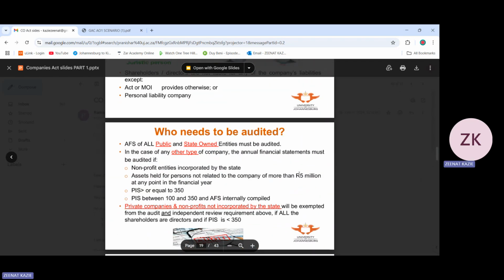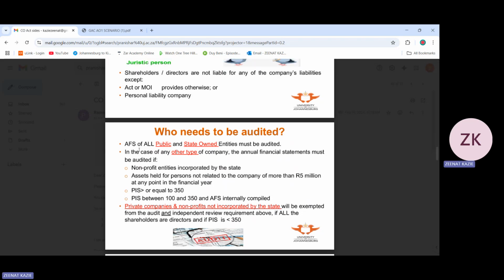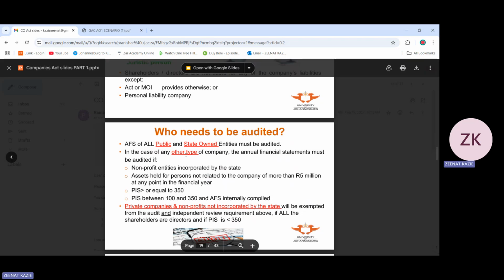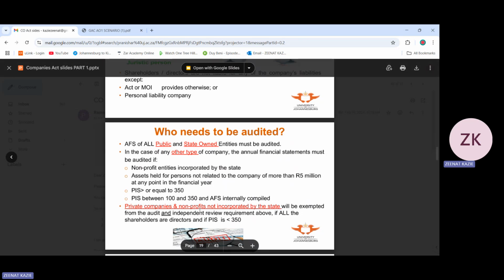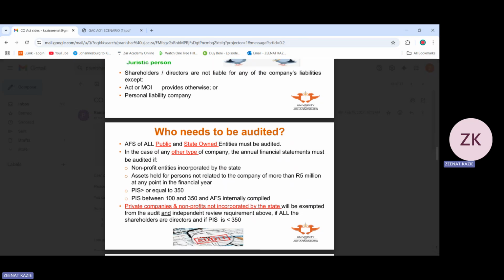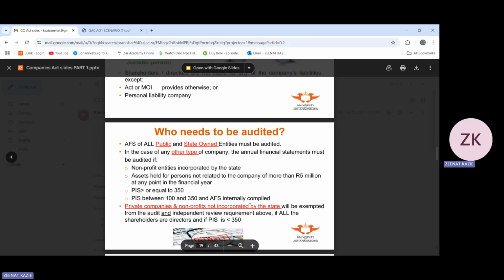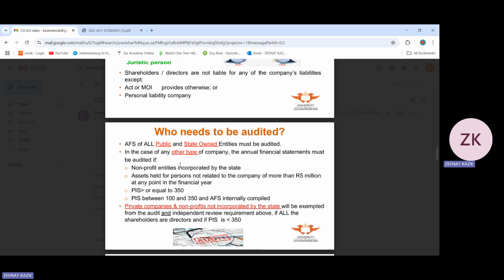Here it is. It says here, in the case of any other type of company, the annual financial statements must be audited if the public interest score is between 100 and 350, and annual financial statements are internally compiled. A lot of people always forget this point because most people just think if the public interest score is equal to or more than 350, it must be audited. But don't forget, if it's internally compiled and between 100 and 350, it must be audited as well.